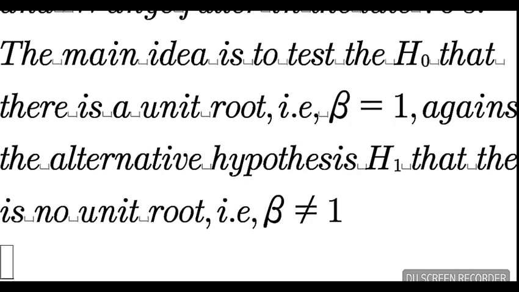If the H0 is accepted, then it means that there exists a unit root, meaning that the series follows a random walk. And whenever a series follows a random walk, that series is said to be non-stationary. And the error term, epsilon, is a white noise.